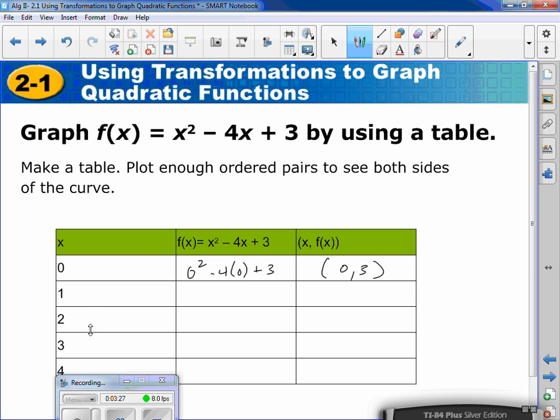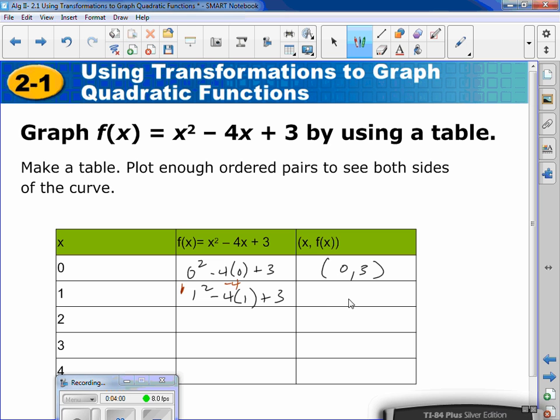The second point, I substitute in the 1. So I'm putting the 1 everywhere I see an x. 1 squared minus 4 times 1 plus 3. 1 squared is 1. Negative 4 times 1 is negative 4. 1 and negative 4 is negative 3, and positive 3 is 0.